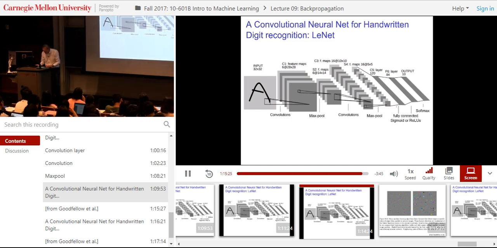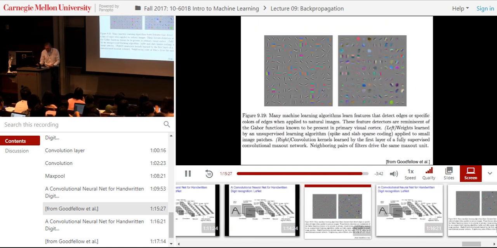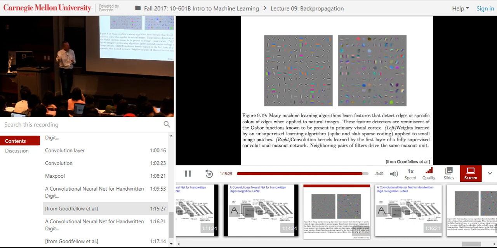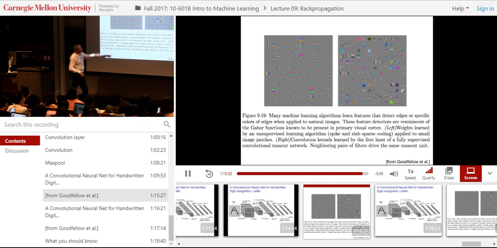Okay, let's look at a couple. I like this picture. It comes out of the Goodfellow reading. The important thing to look at is this picture on the right. The picture on the right, as the caption says, are the learned convolutional kernels learned at the first layer of a supervised convolutional max-out network.